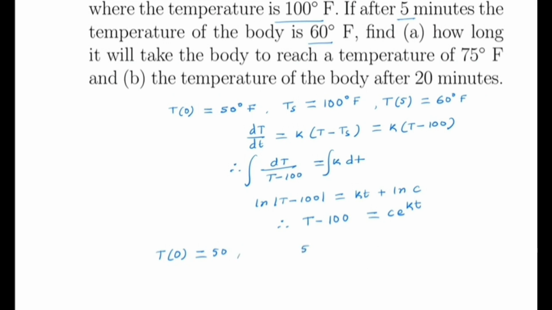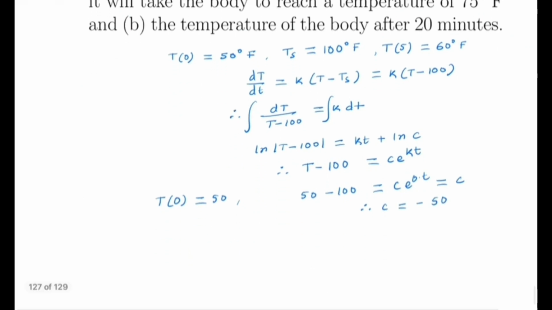So by putting this, we get 50 minus 100 is C e power 0 times t, which is nothing but 1. So C is, we get minus 50. So the equation will become T minus 100 is minus 50 e power kt. This is the general formula. Now we need to find k also.